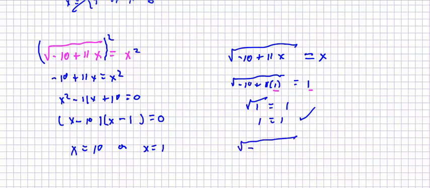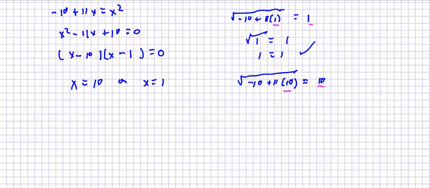So I have negative 10 plus 11 times 10 equals 10. And again, I substituted 10 in for x. And I get 110 minus 10, the square root of 100 equals 10. 10 equals 10. It checks. So both of these answers are good. So I have 10 and 1.